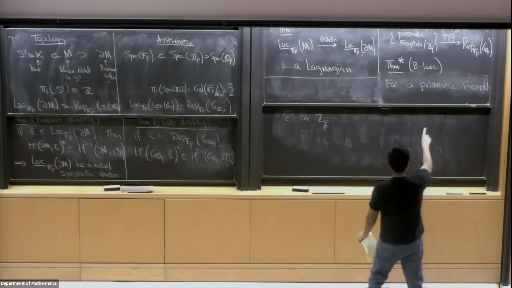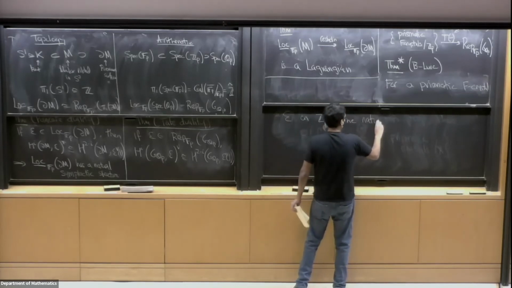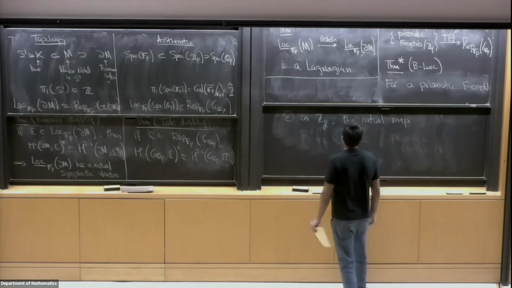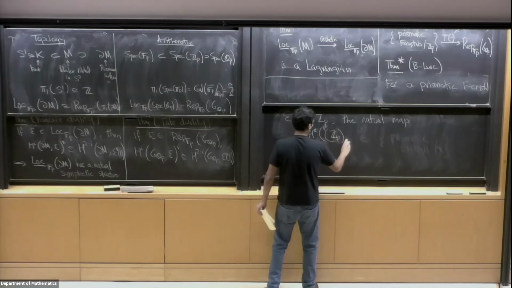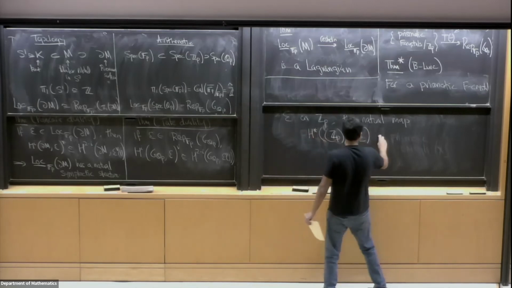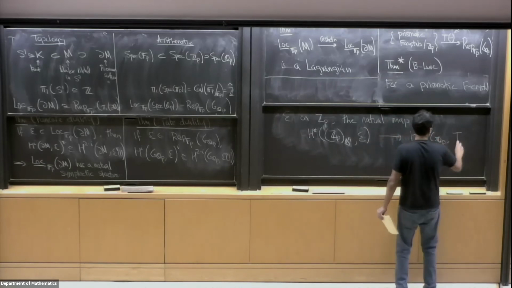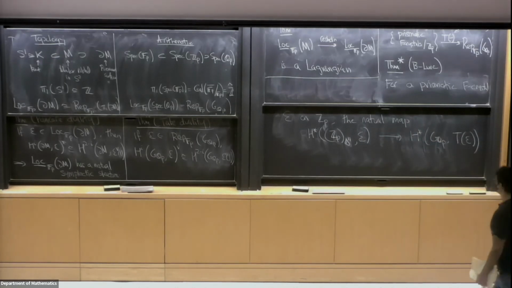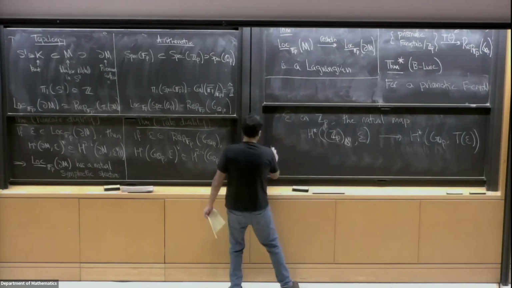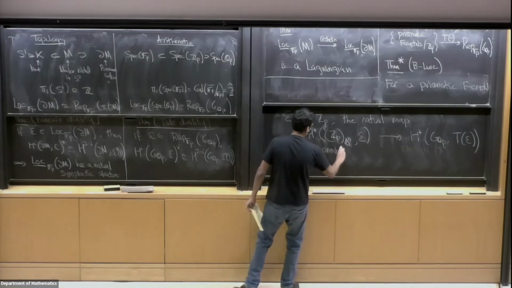And that means you can't literally say that it's a symplectic object, but you can still make sense of the following statement. For a prismatic F crystal E on spec ZP, the natural map from the cohomology of something to the Galois homology, so from the cohomology of the F crystal to the Galois homology of the corresponding representation, is the exact annihilator of the corresponding map on Tate duals.